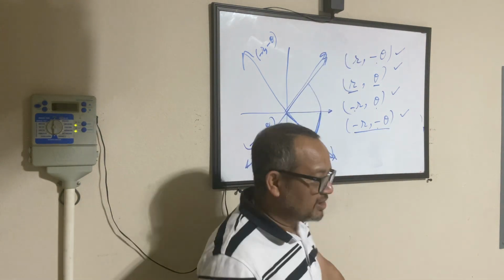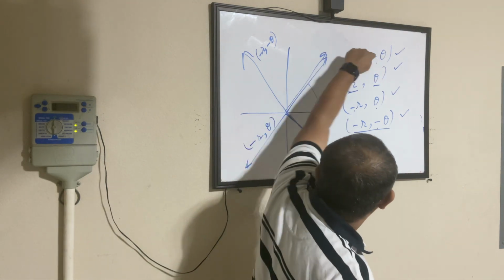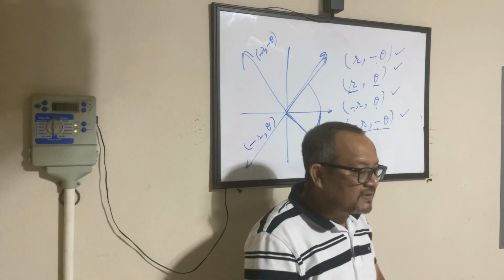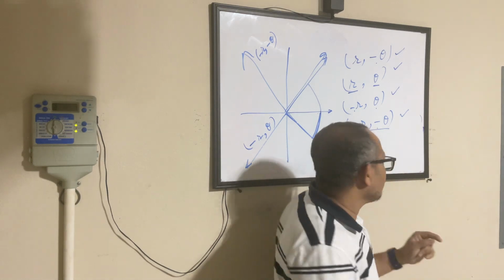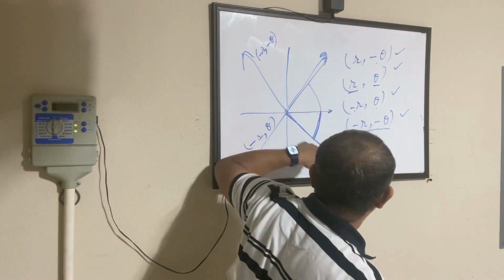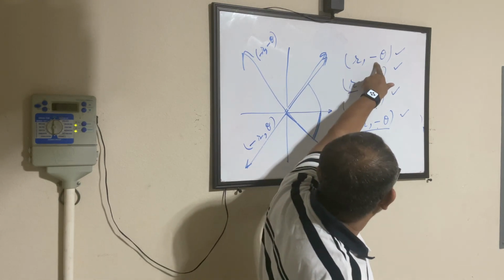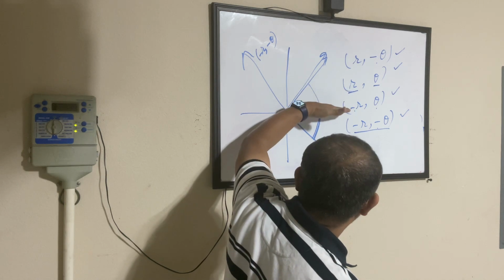Don't go by the sign, okay? If I just look at the signs of both coordinates, I will probably get confused. I will always keep the angle as my starting point, because the angle says which way I am going. Once I know which way I am going, then I look at the positive or negative of the radius. This is negative, going this way, against the x-axis.